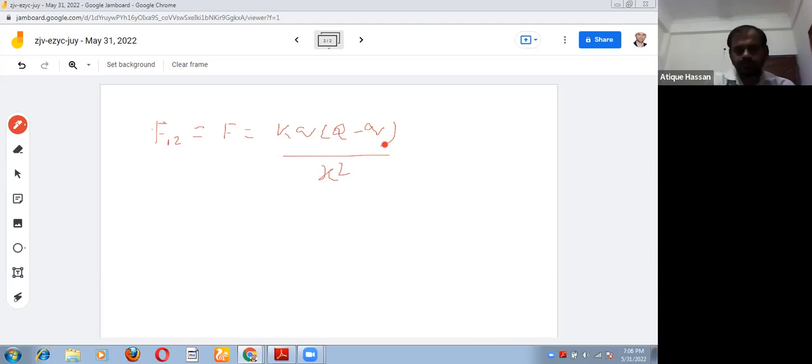Now, you both are students of mathematics, so you know that for anything to be maximum, the differential of that quantity should be equal to 0. So for F to be minimum, what should be equal to 0? dF by dx should be equal to 0, right or wrong?